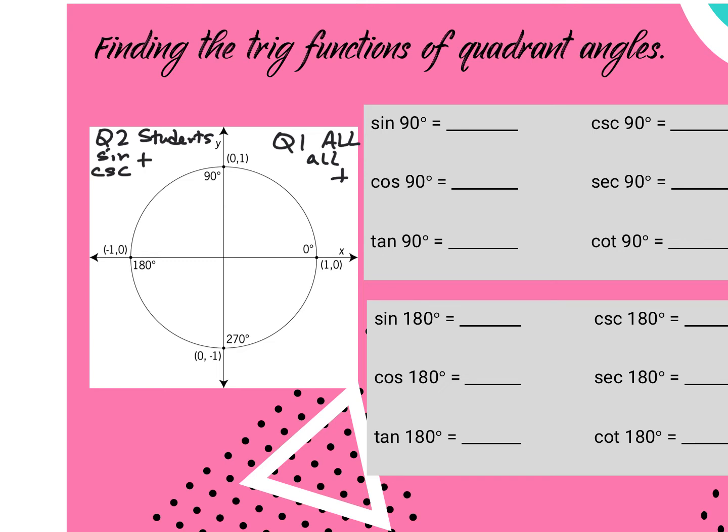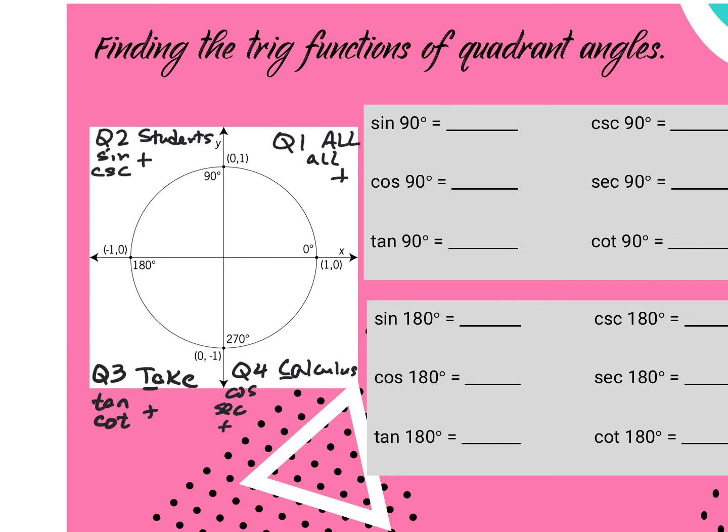These are the positive ones. Then in quadrant number 3, this is Take. So the T is for tangent and cotangent. These are the only positive ones. And then in quadrant 4, this is Calculus, and the C stands for cosine and secant. And those are the only positive ones.